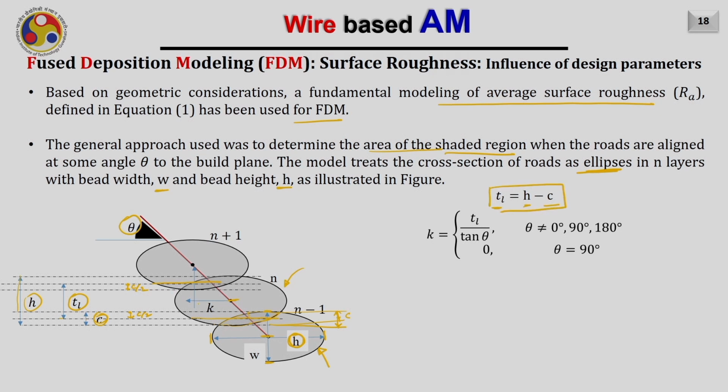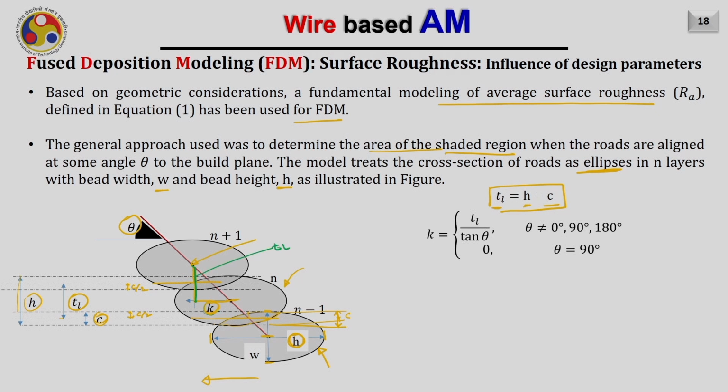Now, if this is the layer thickness, the center of the next deposited bead, or the next deposited ellipse, will be shifted by K and H, we know that. To obtain this value K, the shift of the center in the X direction, it can easily be obtained from this triangle. In this triangle, this length, shown here in green color, is TL, the thickness of the layer.